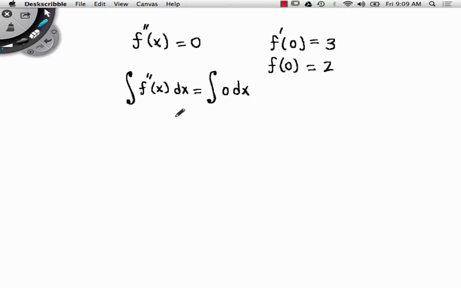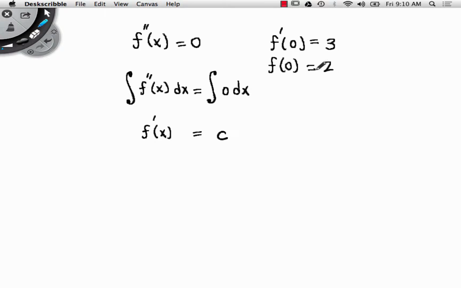That's exactly right. What is the antiderivative of f double prime of x dx? Okay. You got it. Yeah, a constant. You're right.